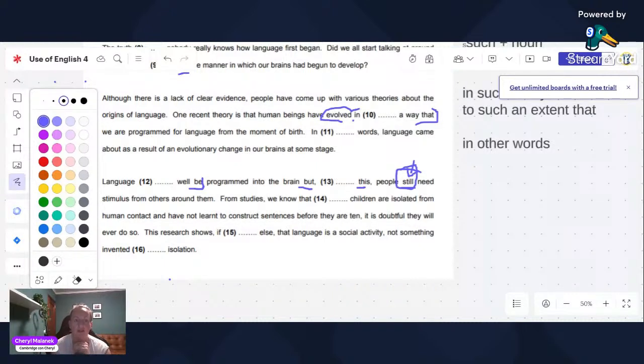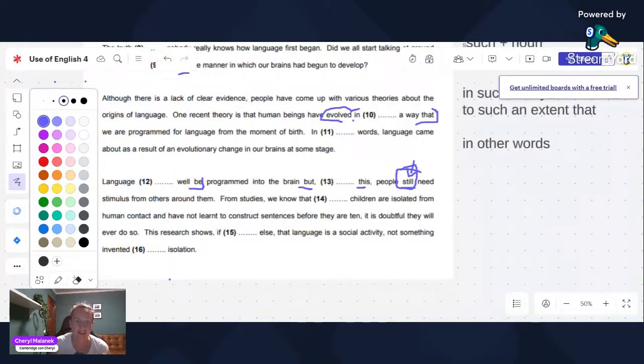This is an expression, "if nothing else." So the research shows, if nothing else, that language is a social activity.